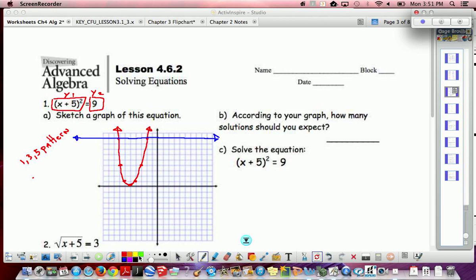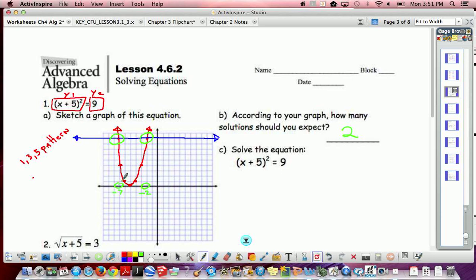It looks like they've intersected at 2 different spots. I have one right here and one right there. So I expect to have 2 solutions. Looking at my solutions for x, it looks like x is down here at -2, and over here it's at about -7.